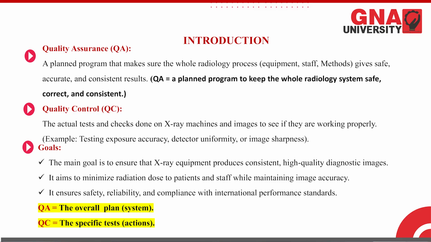In another way we can define it: a planned program that makes sure that the whole radiography system, which includes the equipment, the staff and the various methods, gives safe, accurate results.